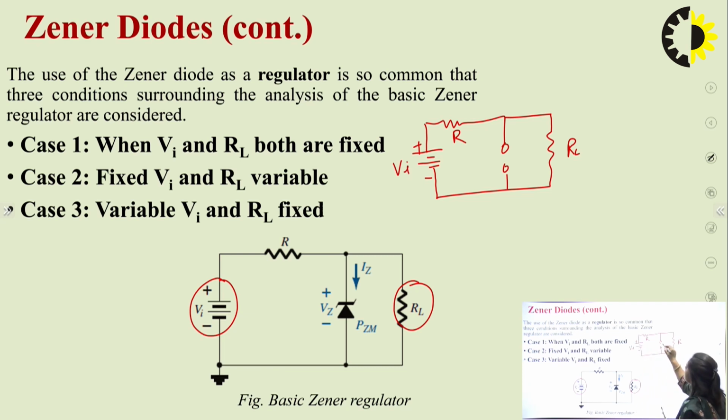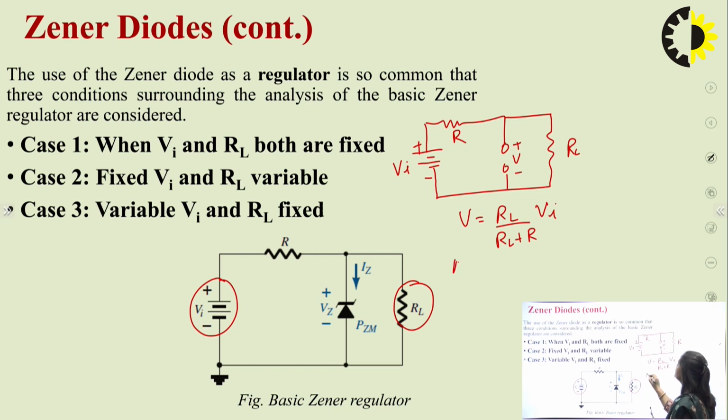Now we have to find the voltage here. So this voltage V will be equal to RL upon RL plus R times Vi.